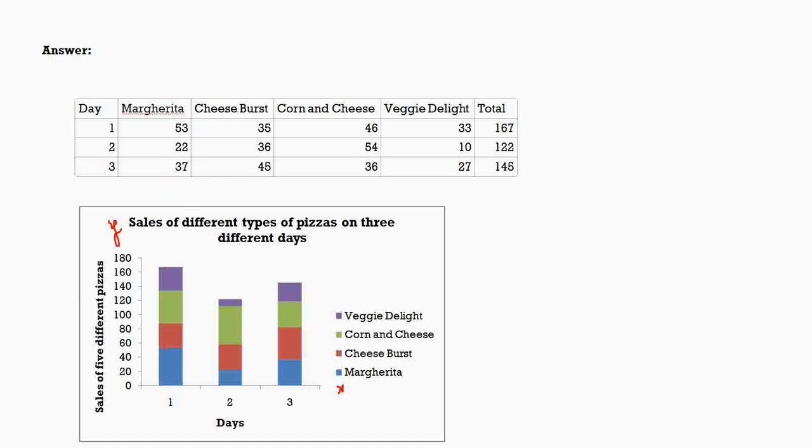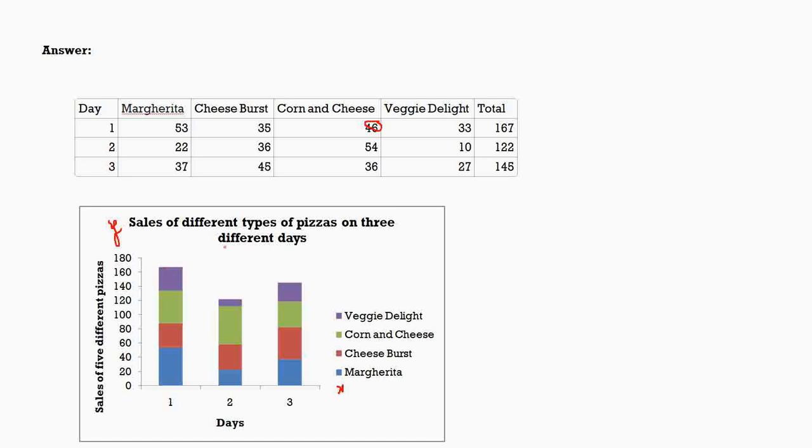So you add 53 and 35 and then represent that over here. Similarly, for the third one, you add 53, 35 and the next one, that is 46, and then you mark it over here. And the last one will be the total of all of these, which is 167. So that will be the fourth one.